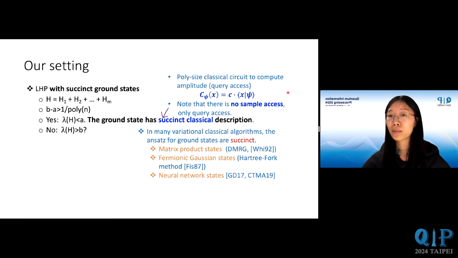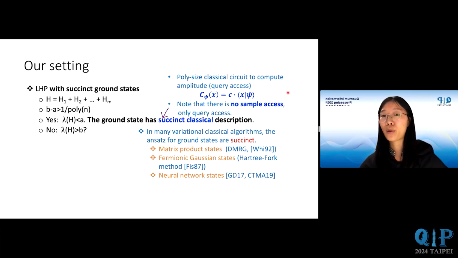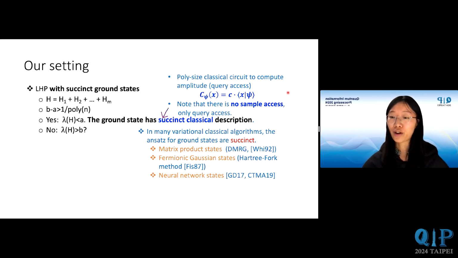In those variational methods, they use an ansatz for ground states. And most such ansatz are succinct. For example, there are two very famous algorithms in chemistry, DMRG and Hartree-Fock. Their ansatz are succinct. And also more recently, many people try to use machine learning and neural networks to estimate the ground energy. And their ansatz are also succinct. So this is where the assumption comes from.